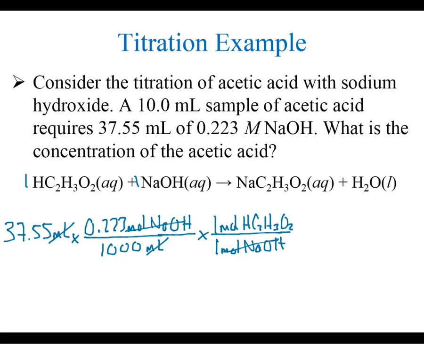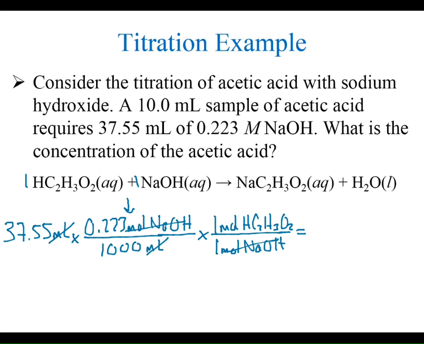I want to know the molarity of acetic acid. Molarity is what per what? Molarity, not molar mass. Moles per liter. So now I have the moles of the acid, and molarity sits right here: moles per liter. So let's grab my calculator.